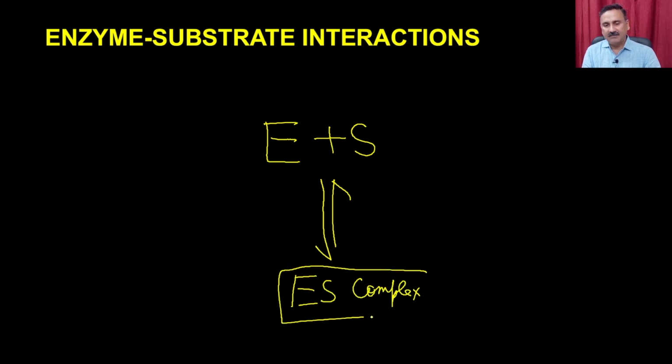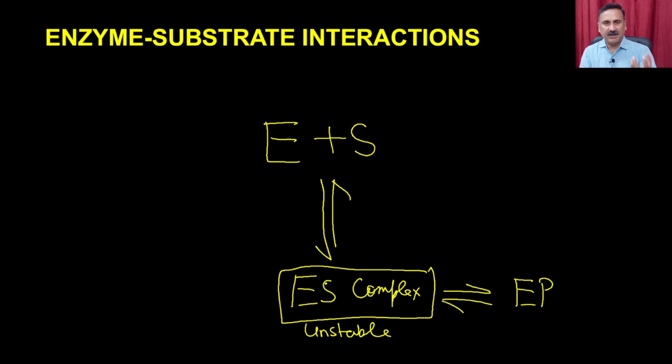And the enzyme substrate complex is an unstable state, so it is going to break down and form the enzyme product, because the enzyme substrate complex is a very unstable entity. So the substrate gets converted into products, and this is also unstable.